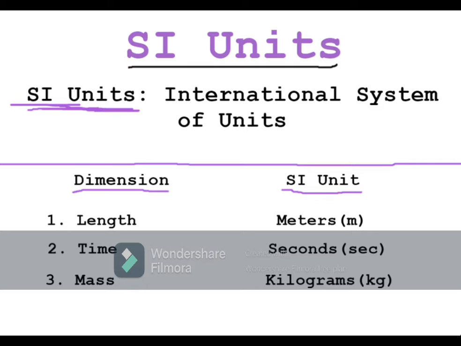For velocity or speed, it's meters per second, or depends on what the length and time are. If in the question they mention another measurement, that means it's not based on the SI unit. For time, most likely in the questions you answer, you're going to use seconds, but if they say minutes, you can convert it to seconds, since seconds is the most convenient way to answer a question.